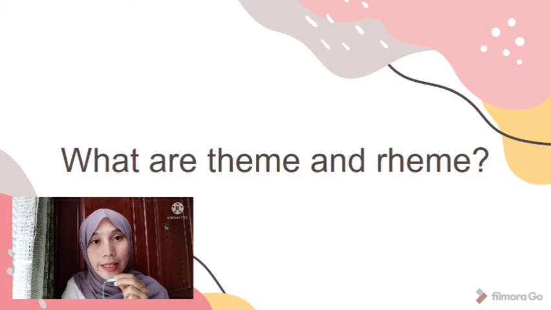Now, the system of theme belongs to the third category, which is the mode, or in other words, how the message is delivered to us. When I hear the word theme, the thing that comes to my mind is the main topic of a story.